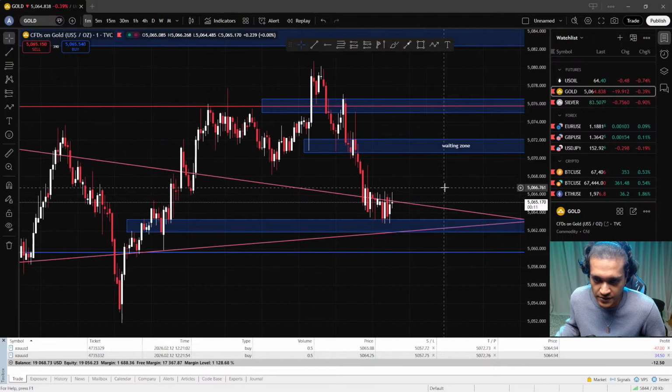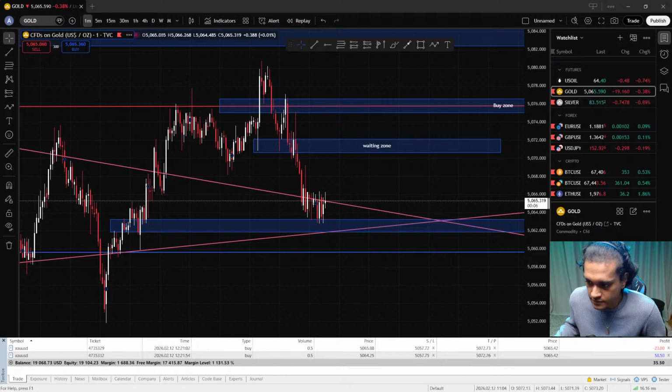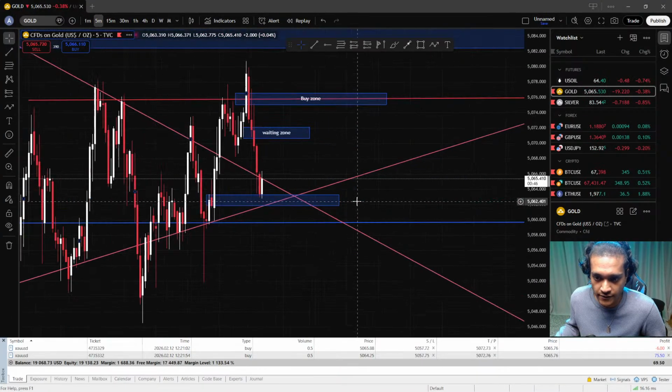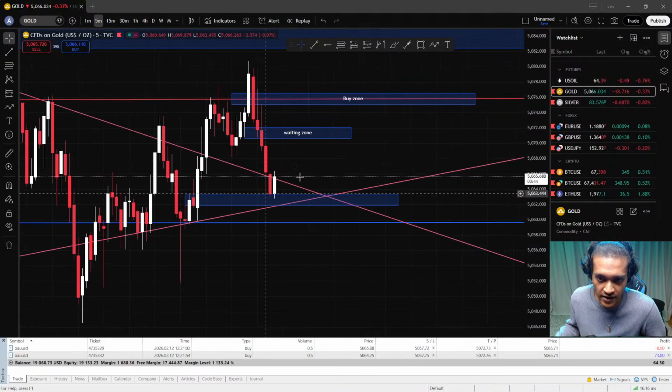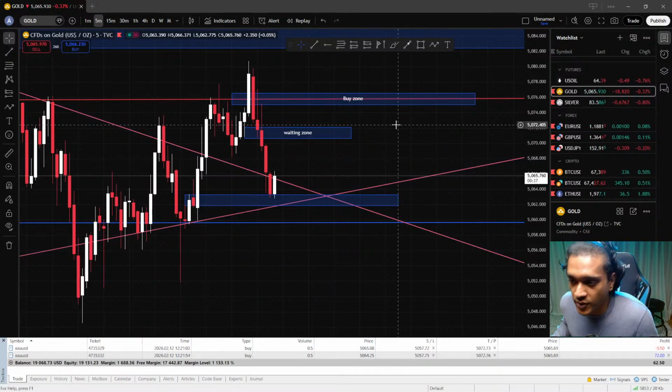Okay, it is showing a good sign right now. What we want is the M5 candlestick to close above, or give us an engulfing candlestick to engulf this candlestick, so we can look for our price to go up to our waiting zone.